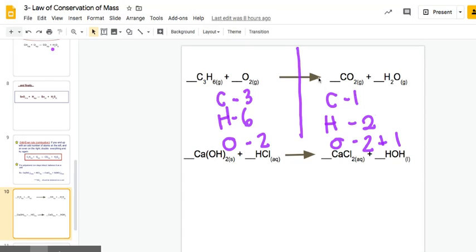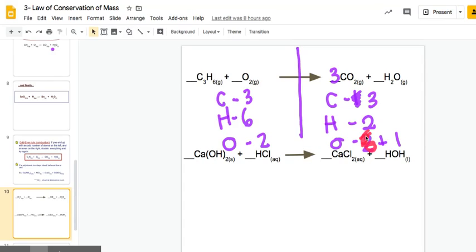So let's start with my carbons. I'm going to put a 3 in front of here. And now I have 3 carbons. But when I change my carbons, I also change my oxygens. So now my oxygen is now 6 here.